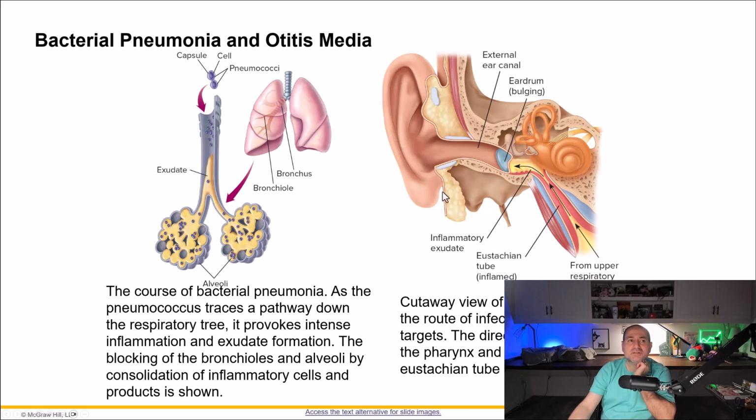And remember, Streptococcus pneumoniae is not the only cause of pneumonia. It's just one, a very common cause of pneumonia, but it is not the only cause of pneumonia. Even COVID can cause pneumonia.